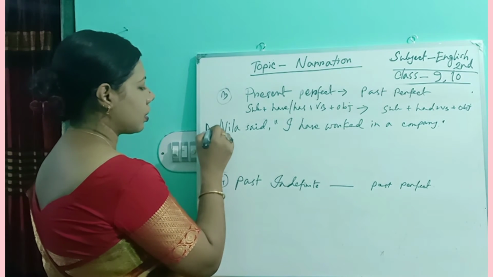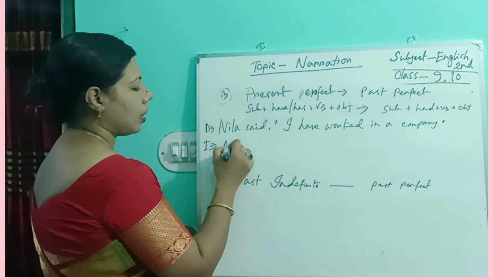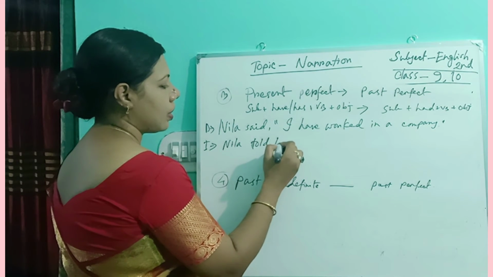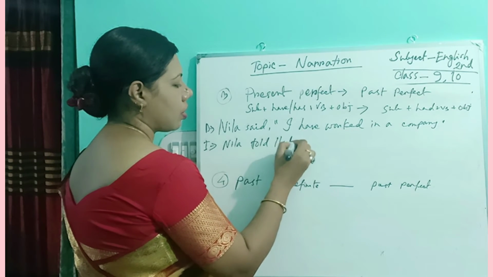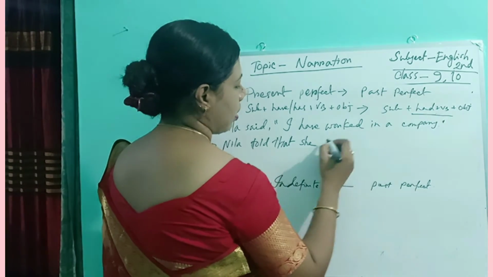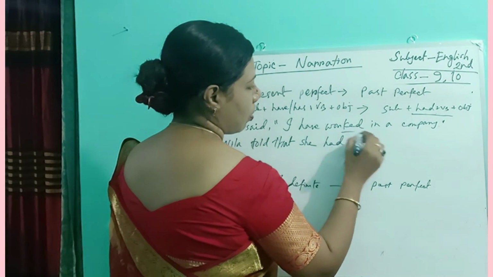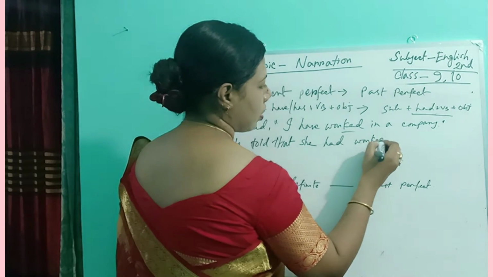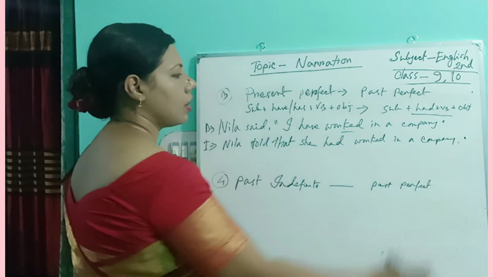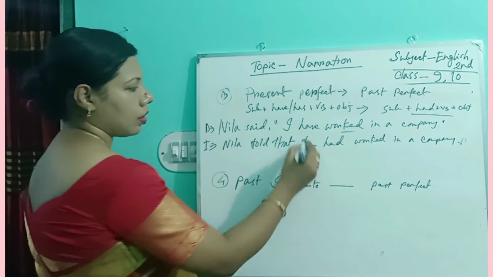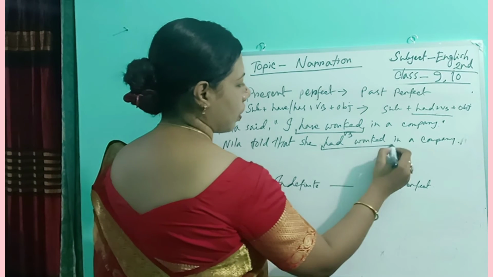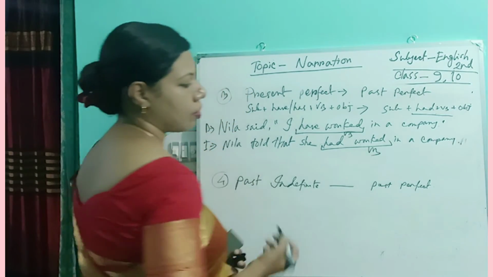In indirect it will be: Neela told that she had worked in a company. So this is the change. Have worked, that means have plus verb 3; had worked, had plus verb 3.